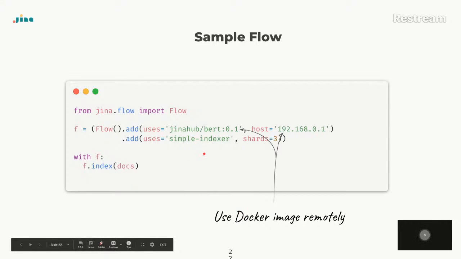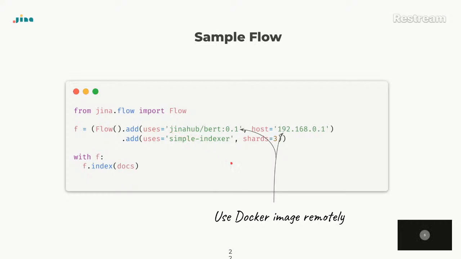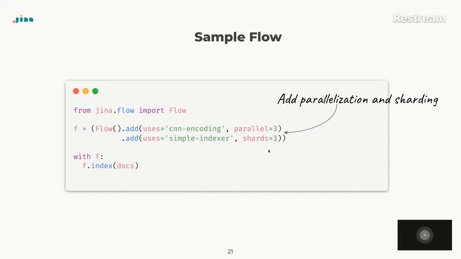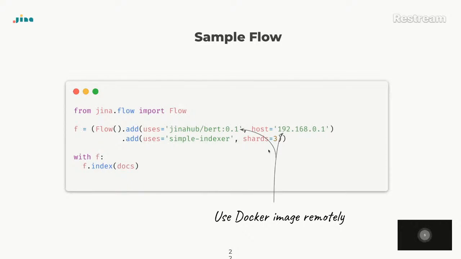I just want to use that already running image in my flow, so I'm just going to use it as one of the pods. And I can also set the host and maybe some sharding if I want to. But just so you can see that you can go from very, very simple, like this one, to much more complicated. And it's not that difficult for you to specify this.